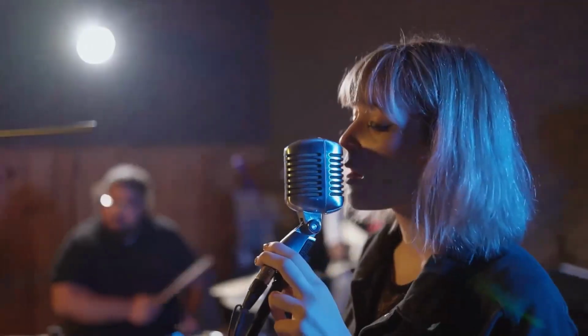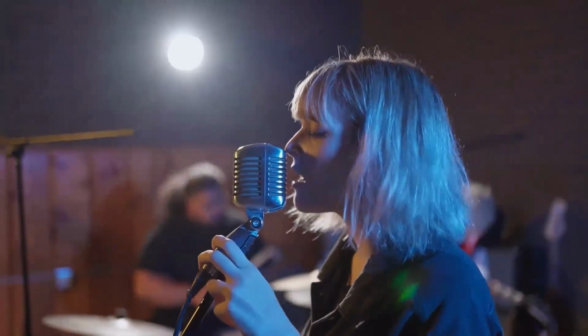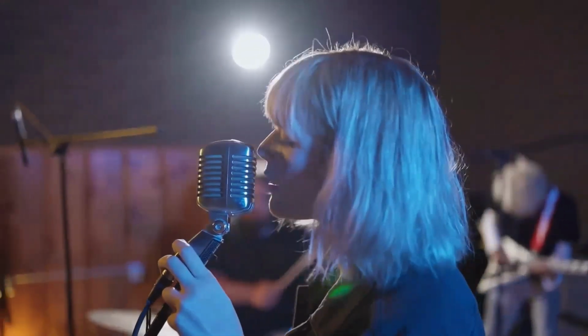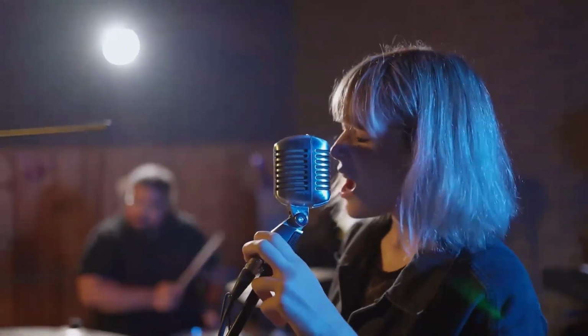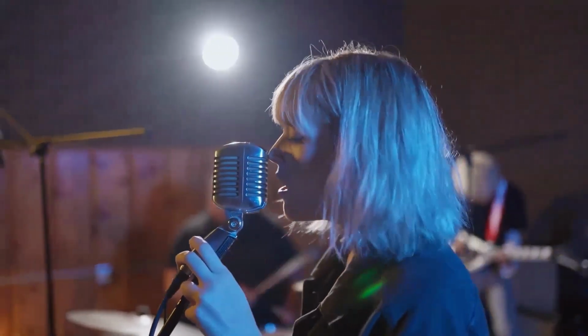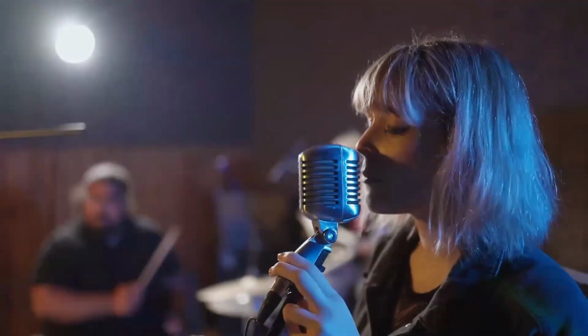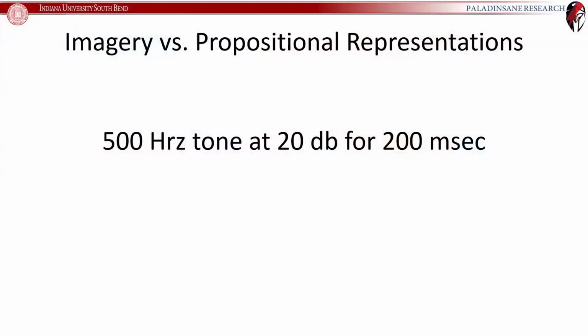One non-visual example of this is sound. Sound is an external reality. Sound exists in the external world, and it can be represented in different ways. You can represent sound as a series of propositions. You can say that the sound this person is making in their recording studio had a 500 hertz tone at 20 decibels for 200 milliseconds.